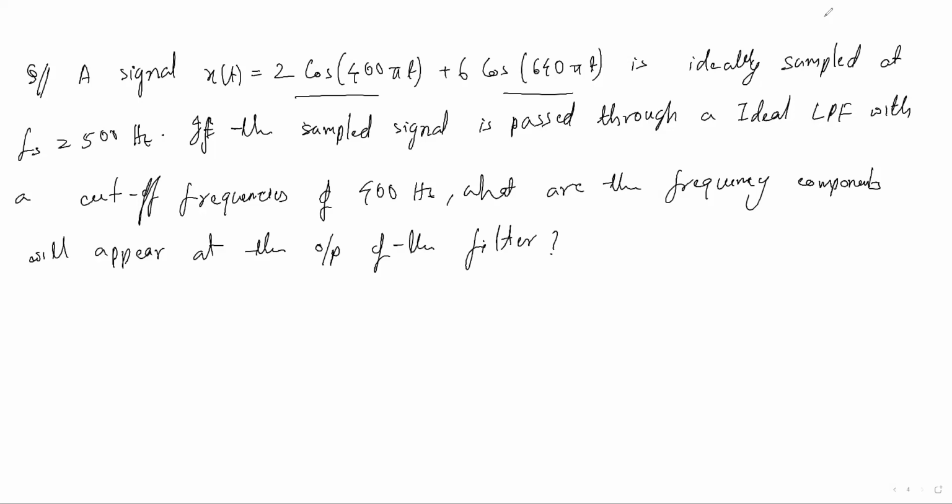In the previous lecture or last class, you can see in your copy, our main formula is X delta of omega equals 1 by Ts, summation from minus infinity to infinity of X of omega minus n omega s.